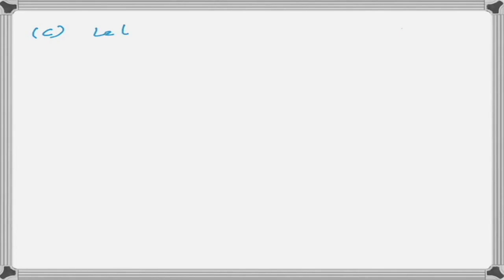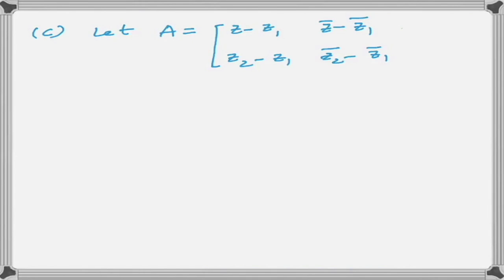So let A be a matrix of order 2 by 2, whose first row is z minus z1 and z bar minus z1 bar, and second row is z2 minus z1 and z2 bar minus z1 bar. Since the entries of the matrix involve the complex numbers z minus z1 and z2 minus z1, let us see how they are related.